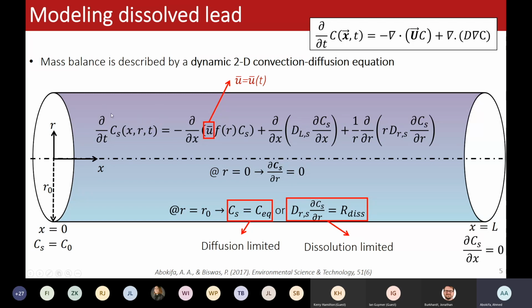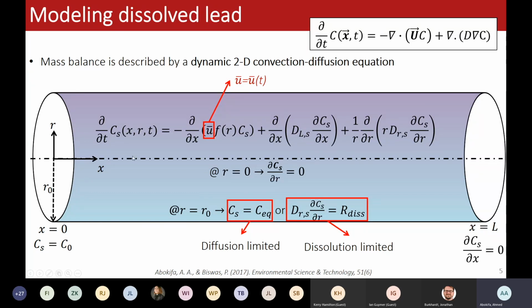So here on the left side, we have the accumulation term, which shows the concentration as a function of x, r, and t. So x and r are basically the axial and radial coordinates, and t is the time. So this is a dynamic model. And then on the right-hand side, we have the advection term, or basically the convection term. We have the diffusion in the longitudinal direction and the diffusion in the radial direction.